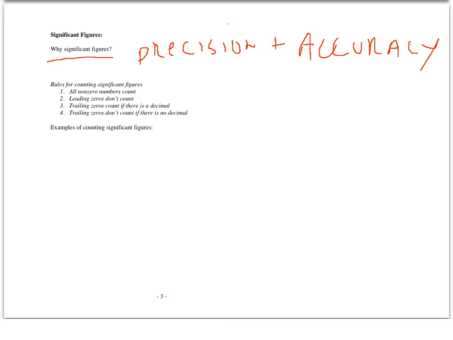I can't add numbers, because I'm using a calculator, to make it look like the equipment is more accurate or more sensitive. So I have to be careful with that.